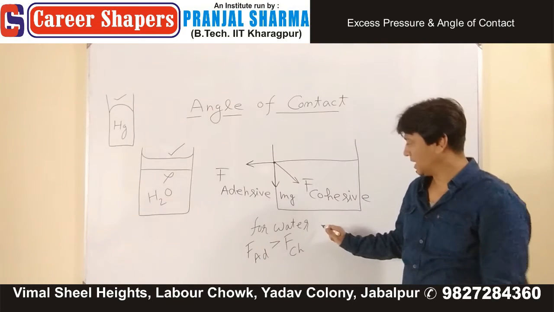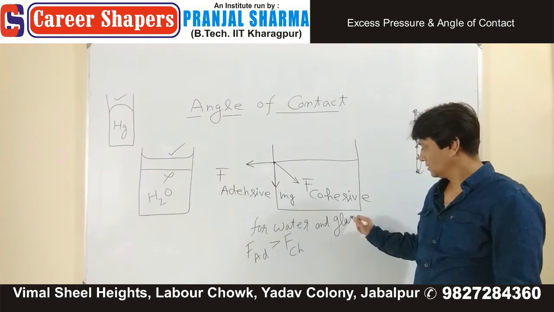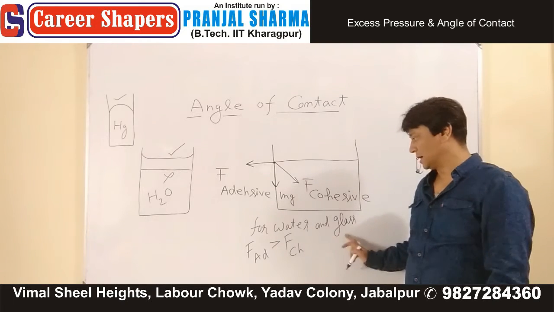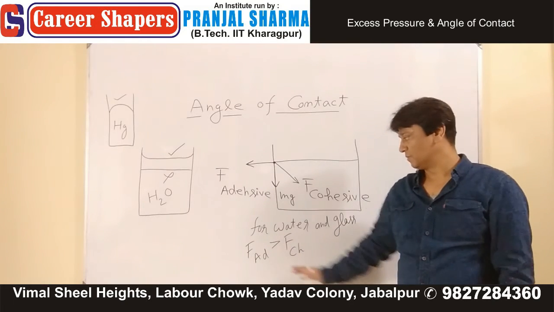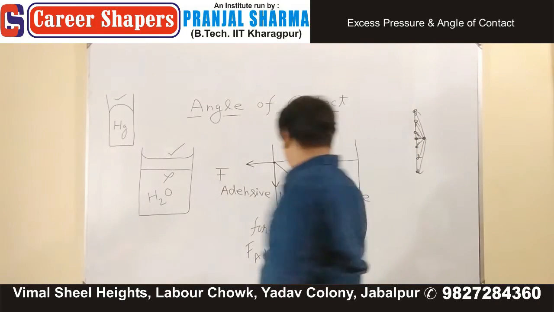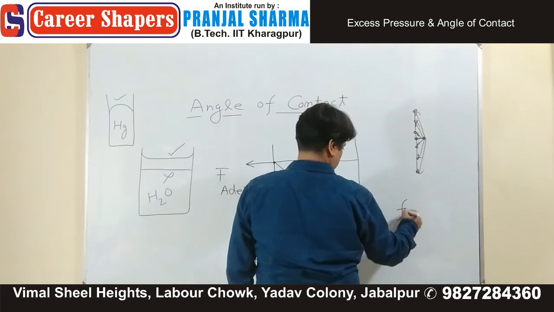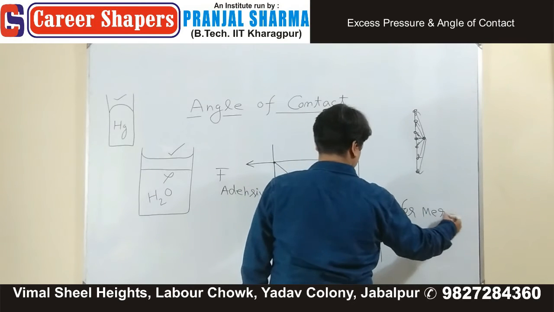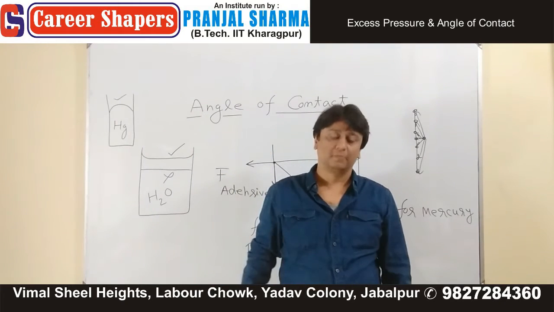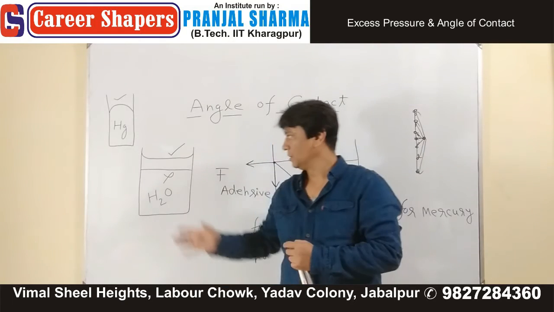This is for water and glass. For water and glass, force between water and glass is greater than the force between water and water, force which is cohesive. Whereas if you talk about mercury, मर्क्यूरी में आपने क्या नोटिस किया होगा? पता नहीं आपने किया होगा या नहीं किया होगा, because nowadays mercury is not easily available.